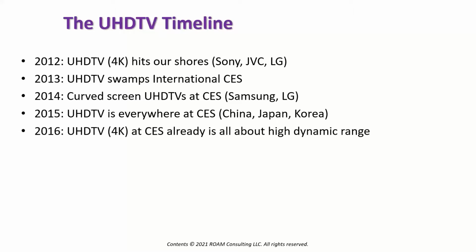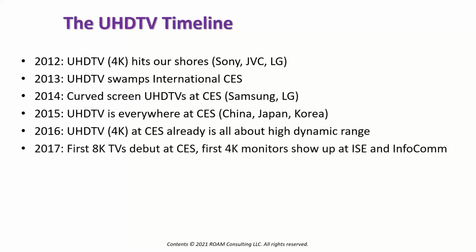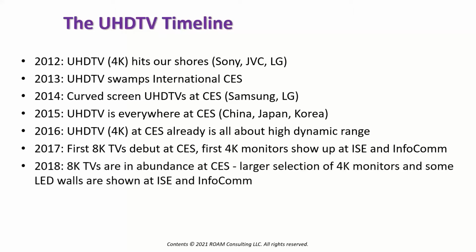In 2016, we started to see talk about adding high dynamic range to these high resolution images. In 2017, we saw the first 8K TVs at CES and the first 4K monitors. These are displays without audio, but for commercial applications and also for broadcast applications, they show up at Integrated Systems Europe and Infocomm. In 2018, 8K TVs were everywhere at CES, just like 4K TVs were back in 2014.